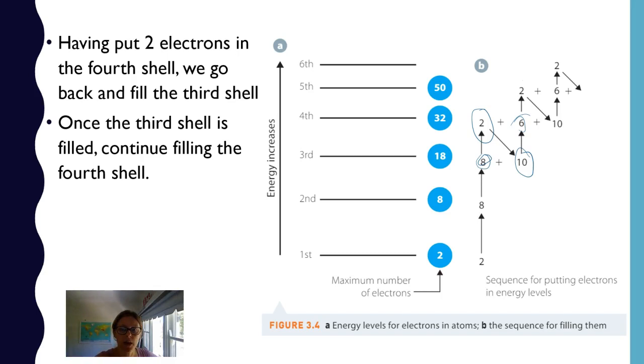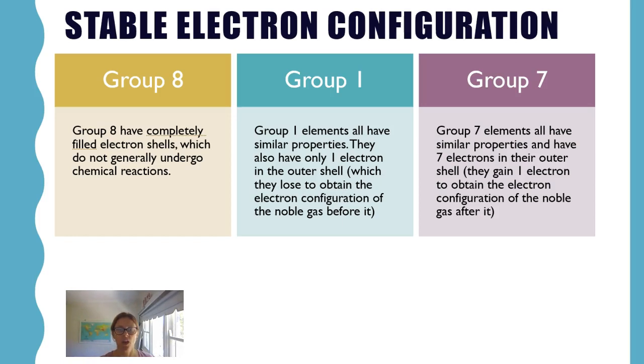Then we're going to go back up and put 2 into our fifth shell, and then come back and fill that up. Now I know this is going to ask a whole lot of questions why, and those answers are coming. But at the moment, this is the procedure that we use to fill those electron shells.